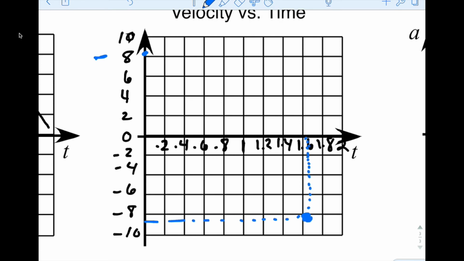That means that at that final time of 1.652, the ball should be going a little bit more than negative 8 meters per second. Now, here's the last thing I do, guys. I'm just going to connect that with a straight line. Boom.